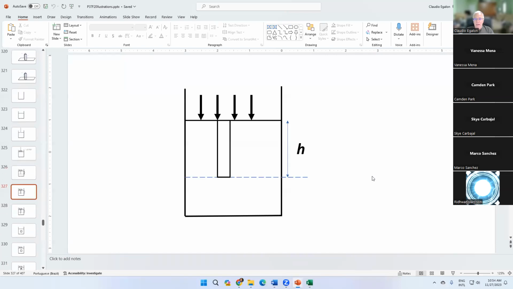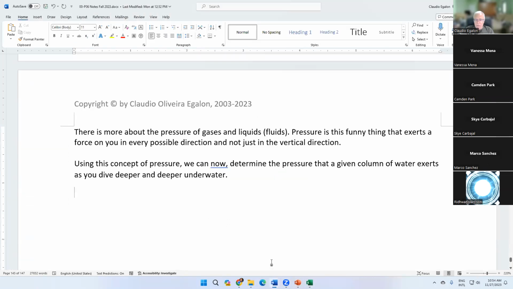Here you go. Here's the column of water again, right? This column of water has a cross section that I'm calling A. And let's calculate that. I'm going to calculate just the pressure due to this column of water, and then I will sum the other one later on. So let's treat that as an example.